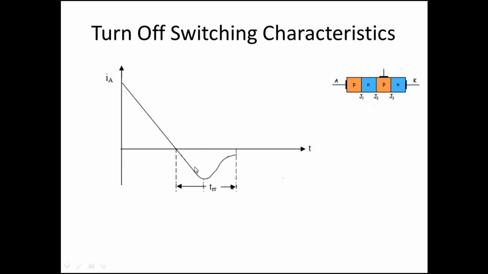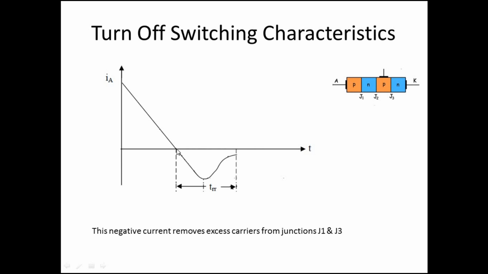By this negative current, the excess carriers at junctions J1 and J3 are removed, so it will start decreasing. By this time TRR, the excess carriers at J1 and J3 get removed because of this negative current.